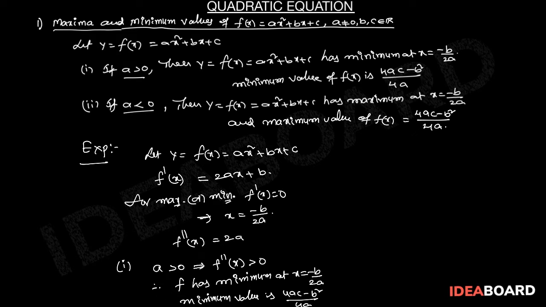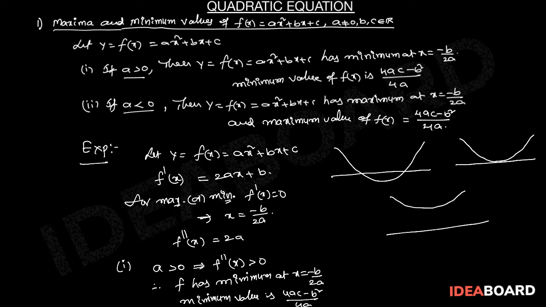Observe the graph of that one. a is greater than 0. This is an upward parabola, with different cases. This is the delta greater than 0 case, this is the delta equal to 0 case, this is the delta less than 0 case.